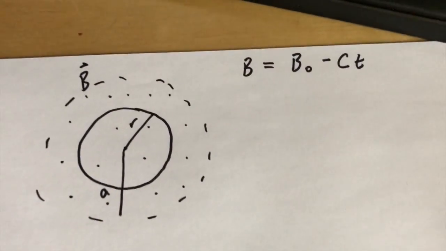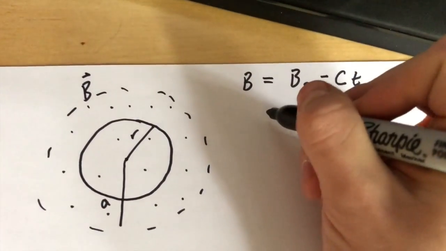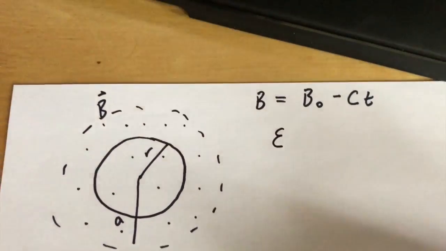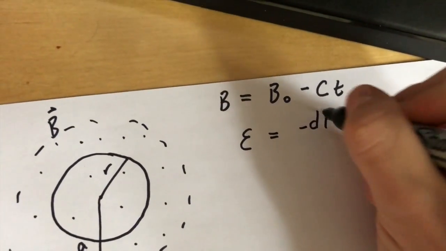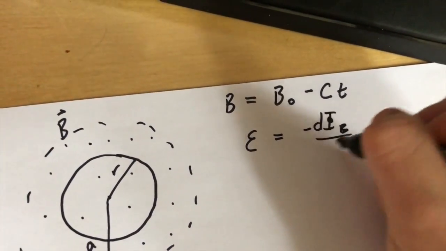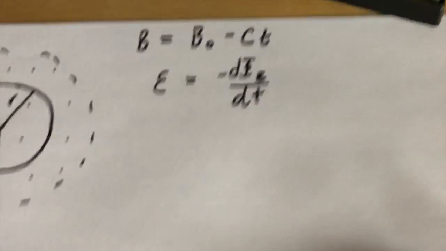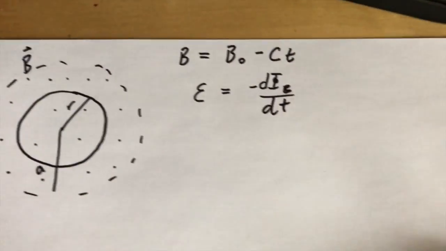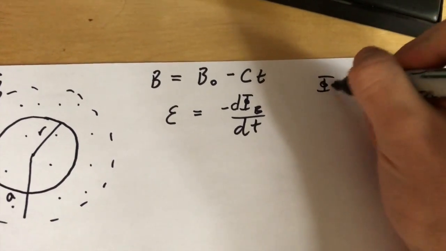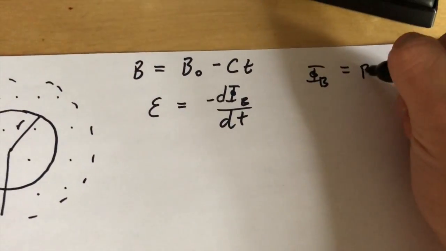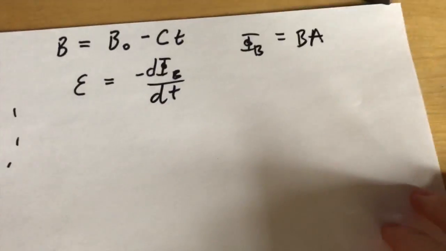Now, let's say we want to calculate the induced EMF. That's usually what an AP question would ask. So we write down our formula here: negative d phi dt. So then what do we have to do? Well, we need to find flux first. So flux, like we stated earlier, is going to be equal to BA.